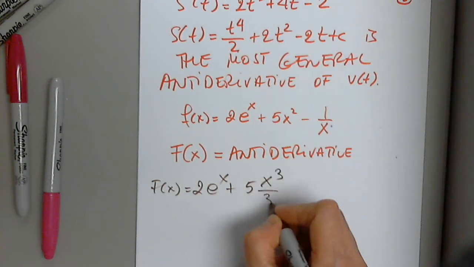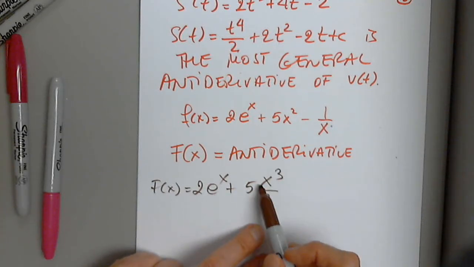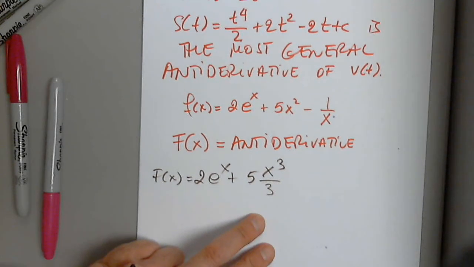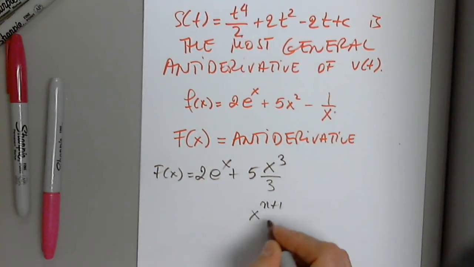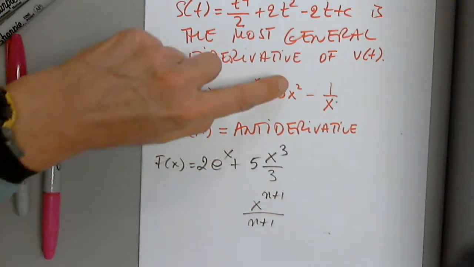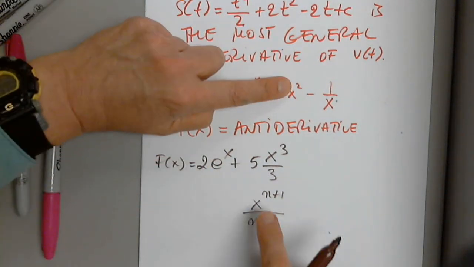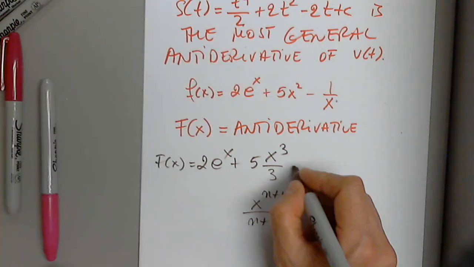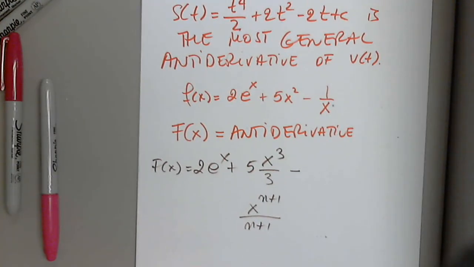X to the third over 3. Let's try. When you differentiate this, you bring 3 in front, you simplify, and you get x squared. Oh, okay. I have to use x to the n plus 1 over n plus 1, where in this case n is 2. 2 plus 1, 2 plus 1. Minus. Then after that, it's going to be plus a constant c.